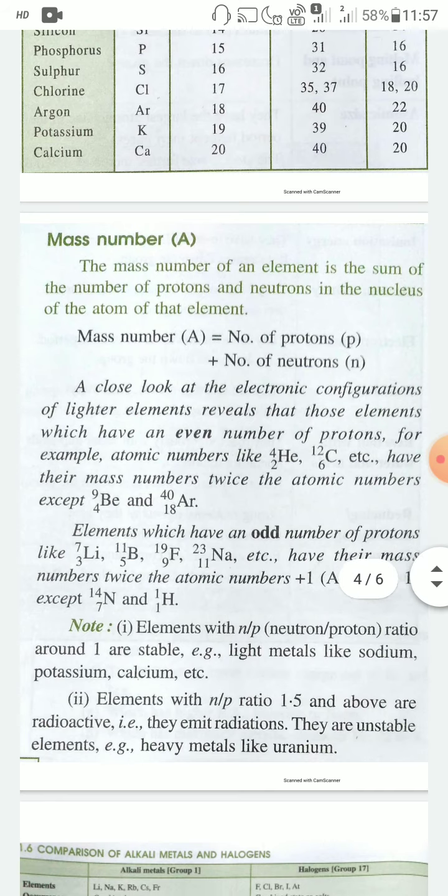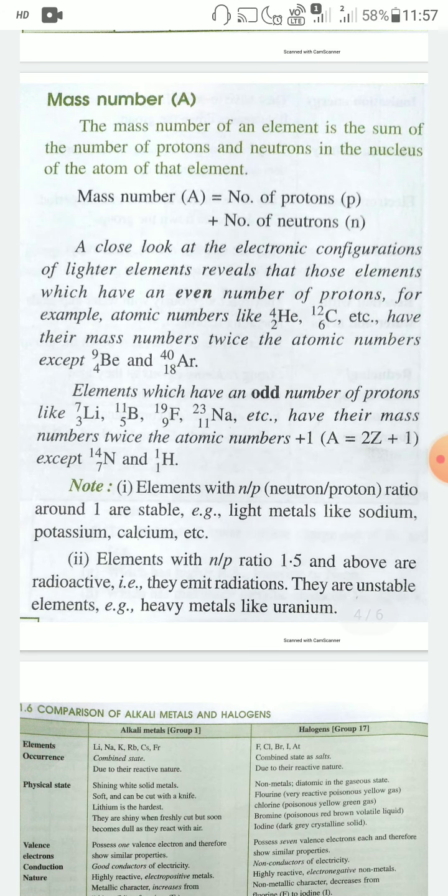Mass number is the number of protons and neutrons in the nucleus. The mass number of an element is the sum of the number of protons and neutrons in the nucleus of an atom of that element.